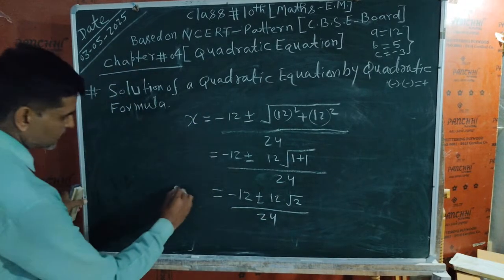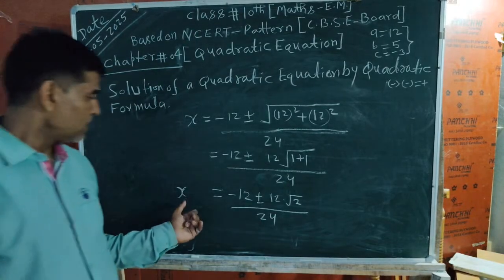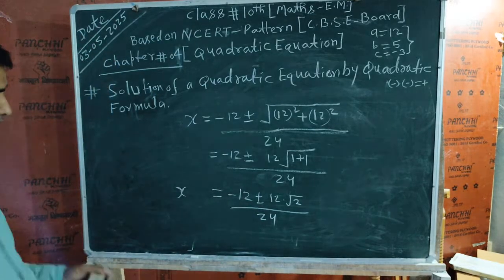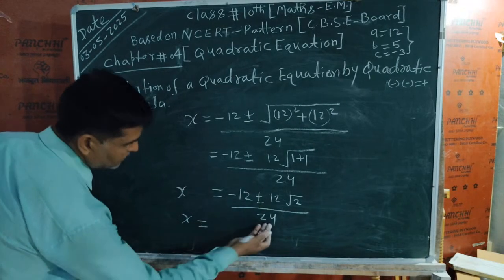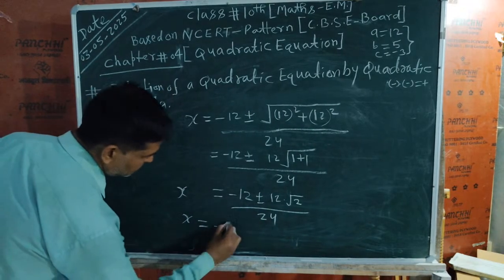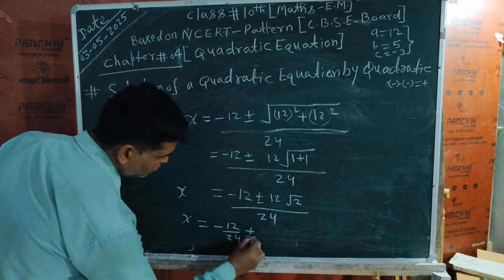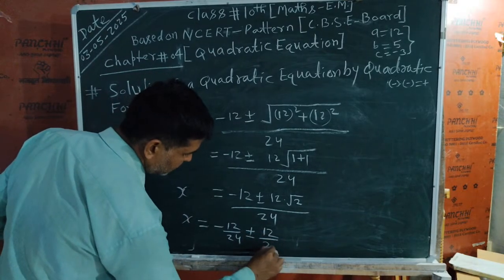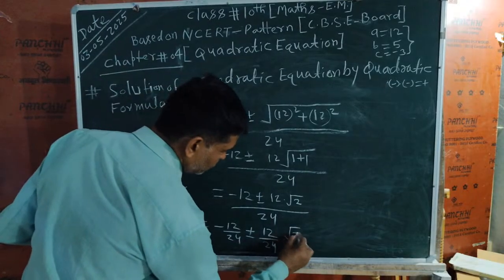Okay, student. Now here I will write one statement. We have to take plus sign. After taking plus sign, again I will divide and make it small. So x is equal to, I will divide by 24 in 12, first term, -12 divided by 24, and here I have to write plus and minus sign, and here I will write 12 divided by 24, and then I will write √2.